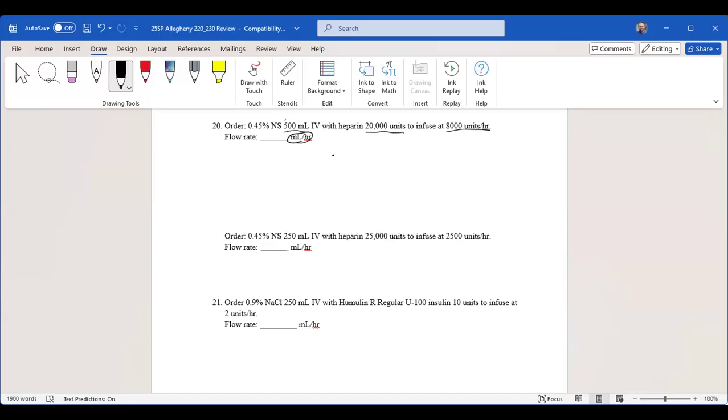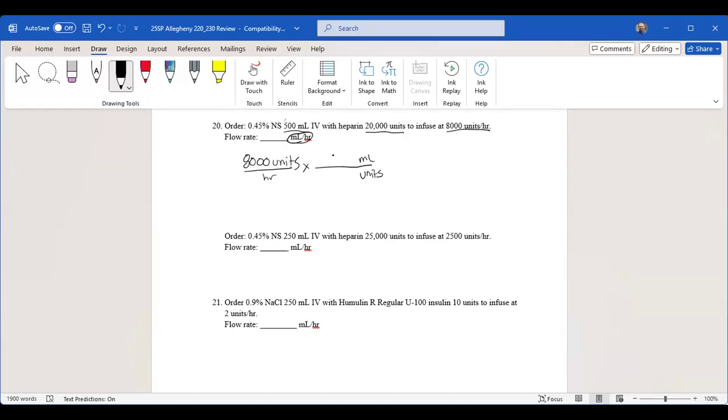So I'm going to start off with the flow rate, which is 8,000 units per hour. I don't want units per hour. I want milliliters per hour. So in order to do that, I need to figure out, can I eliminate units and replace it with milliliters? Can I do that?